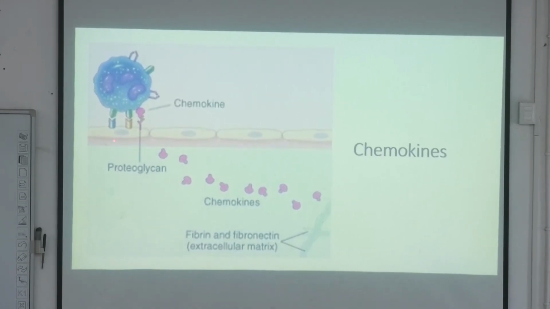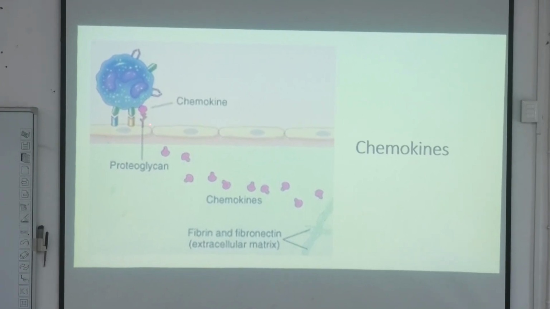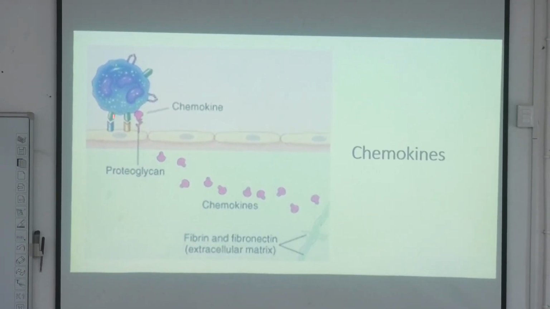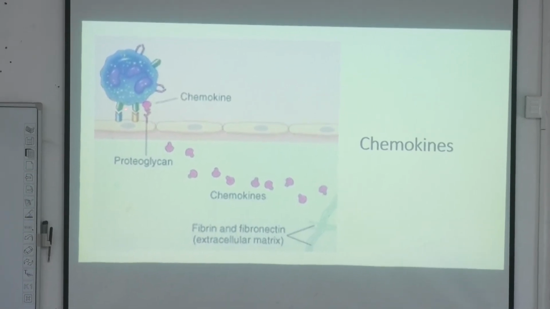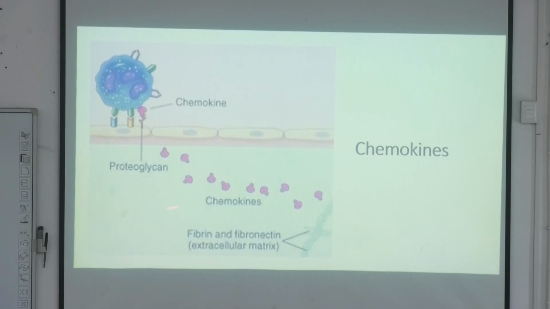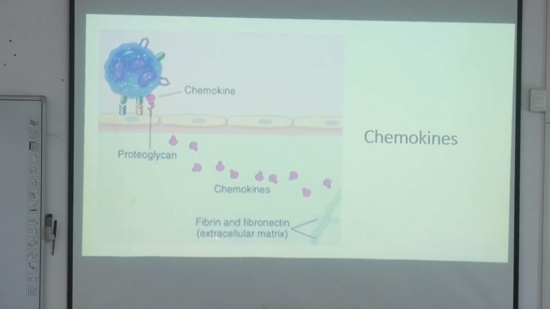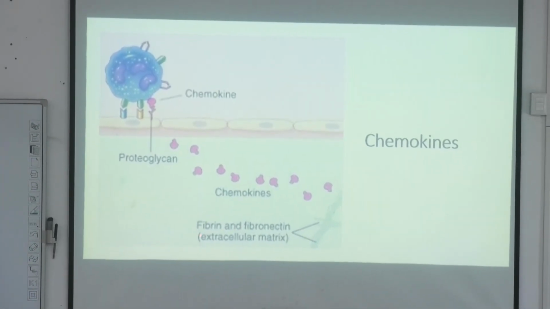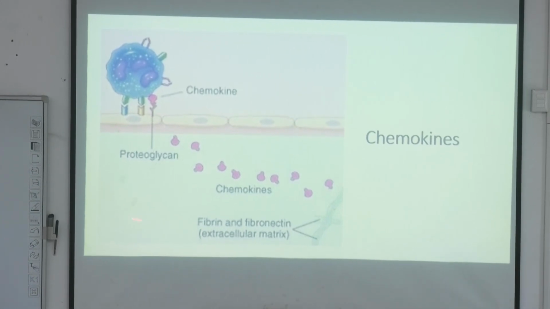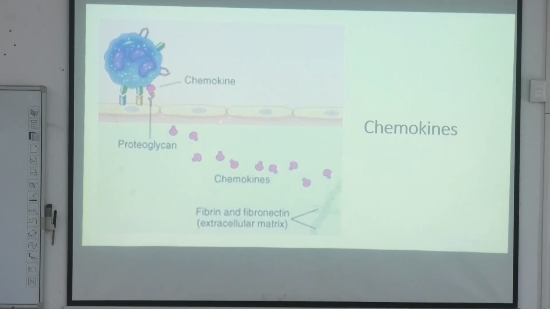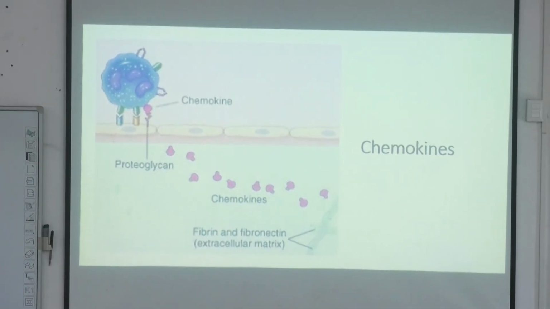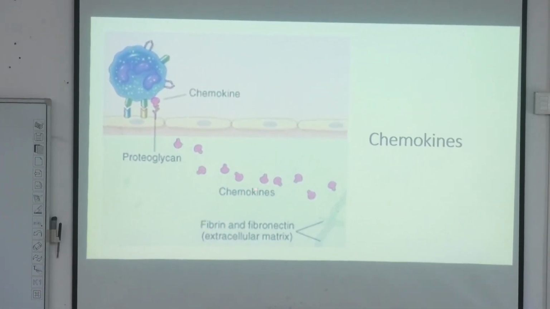They have ligands on their surface as well as ligands on the endothelial surface, and after the leukocyte attaches to its respective ligand on the endothelial surface, chemokines are released. They act on fibrin and fibronectin as extracellular matrix, and the leukocyte eventually finds a gap in the endothelial cell junction and comes to the extracellular space to combat the inflammation.